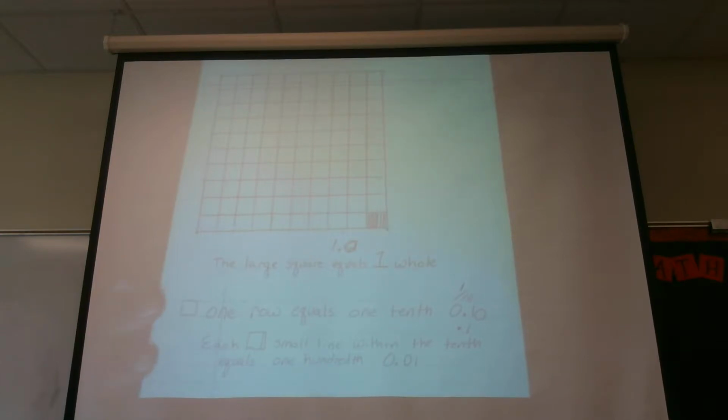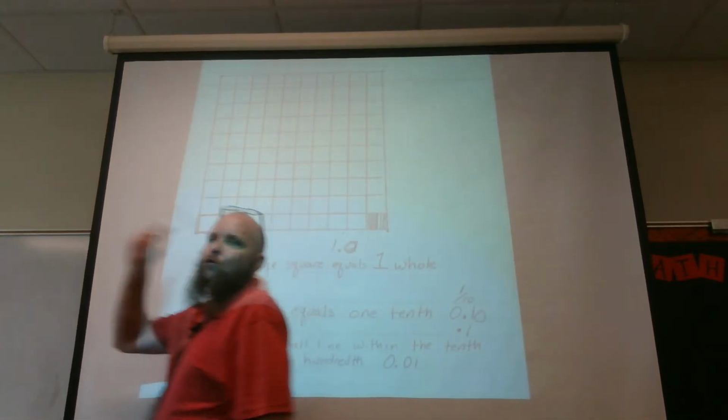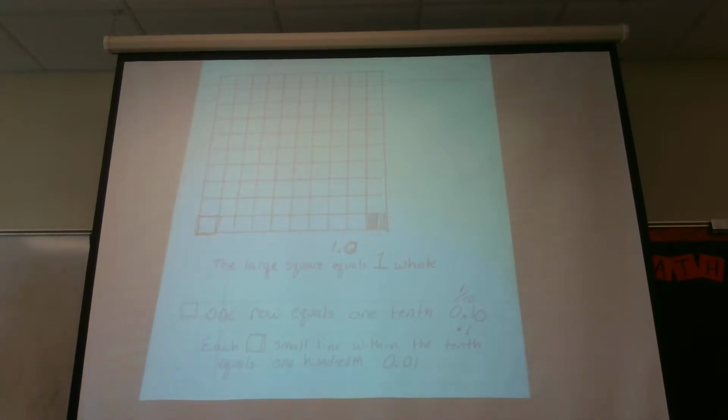Now, here we have this square. Does anybody have an idea of what that square represents? Just one of these squares, this one on the bottom left-hand side, what does that one square represent? Yes, ma'am. 100th. And why does it represent 100th?